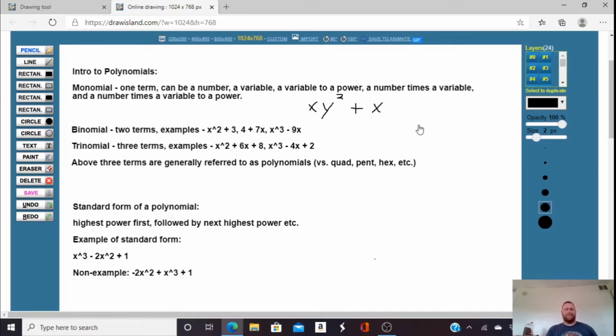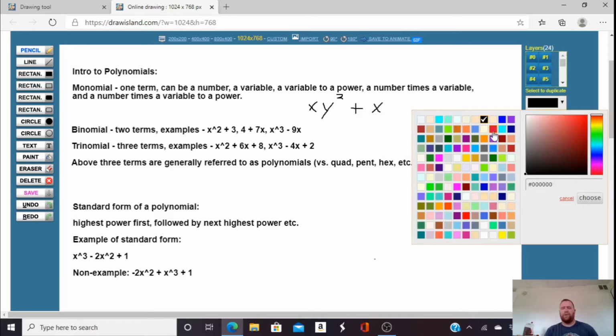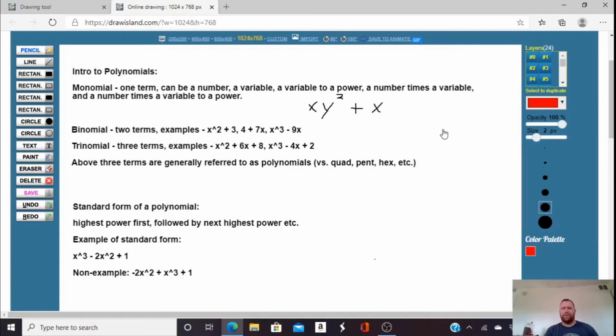What things are not polynomials are stuff that's raised to a fractional power or a negative exponent. So let's get a good red as a non-example. For instance, x to the 1/5 power, that is not a polynomial. Also, x to the -3 power is not a polynomial.